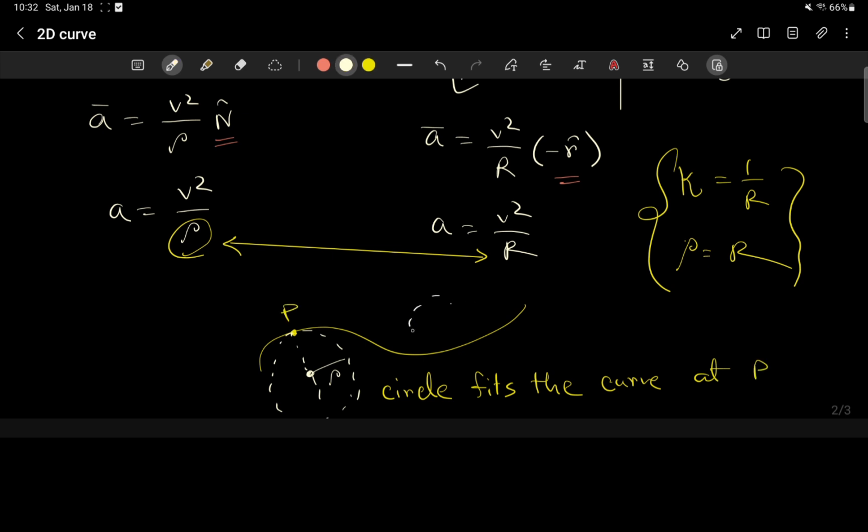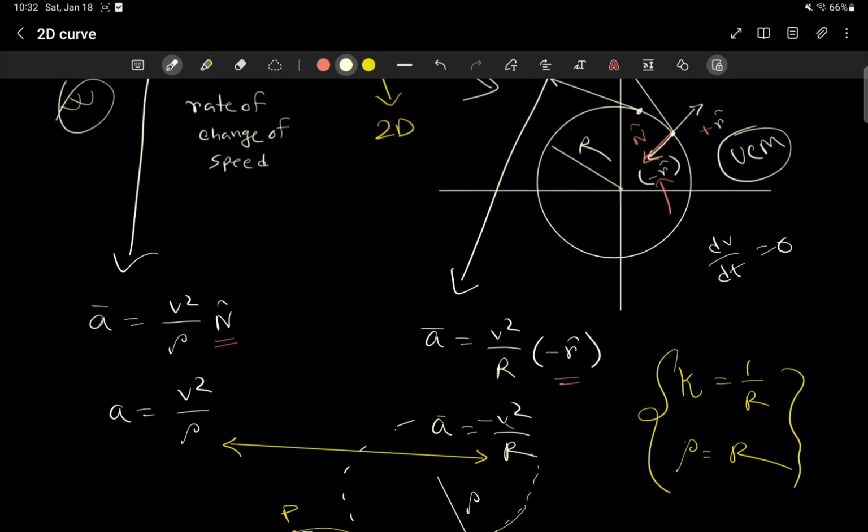For here, it will be actually greater, right? The curvature is much smaller, so the radius of curvature must be really big. So something like this, or even more, and the radius of curvature will be this. So rho, and you see at every point there exists a circle that fits the best for that curve at that point, and this rho, or radius of curvature, is the property of that point in that curve, right?